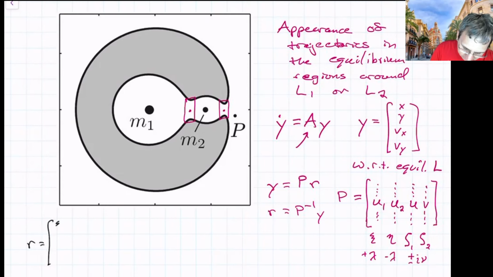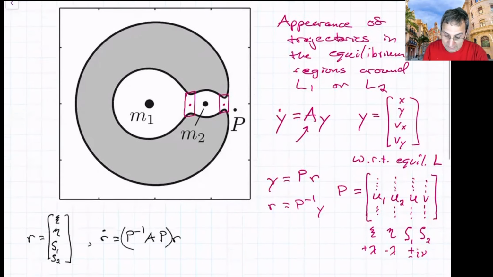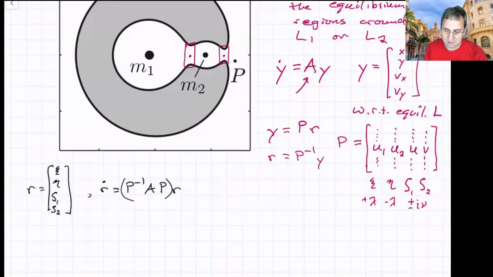R is c, eta, zeta 1, zeta 2. And R dot was P inverse AP times R. P inverse AP was a really nice looking matrix. And it made it so that all of these things were pretty easy to solve.